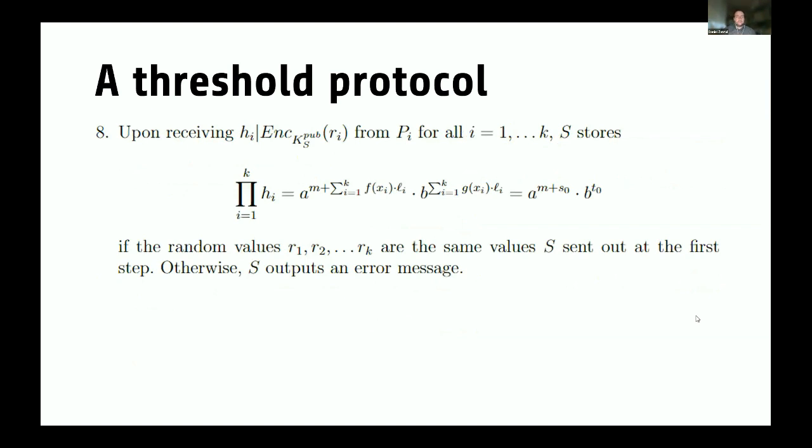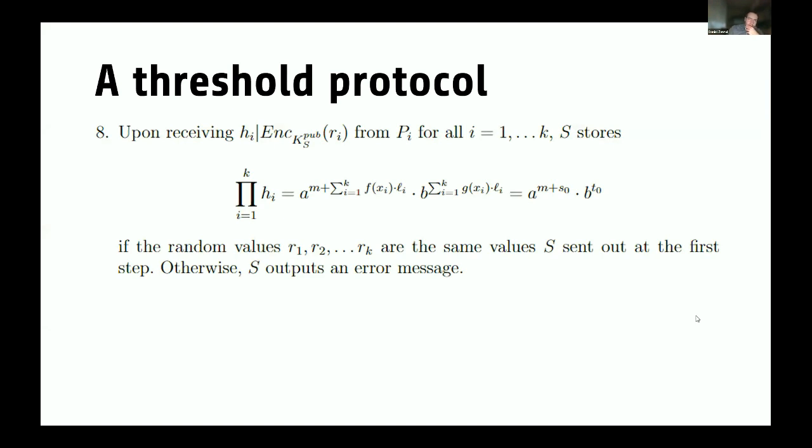Upon receiving these values from all of the k participants in the subset that S chooses, S once again has to multiply these values together, and we will get a to the m plus s0 times b to the t0. This is the value whichever k-element subset we choose at the beginning.